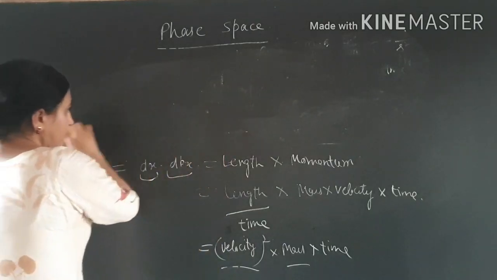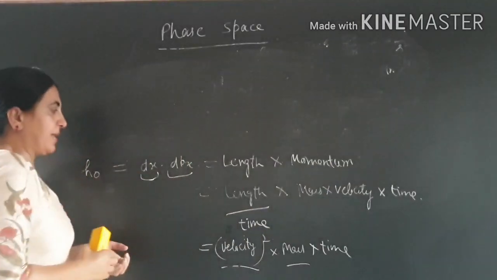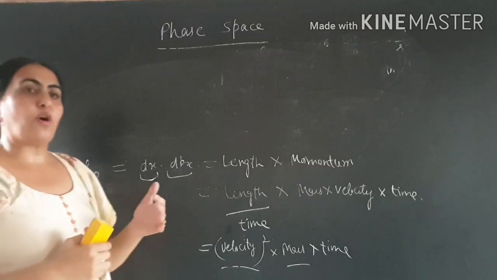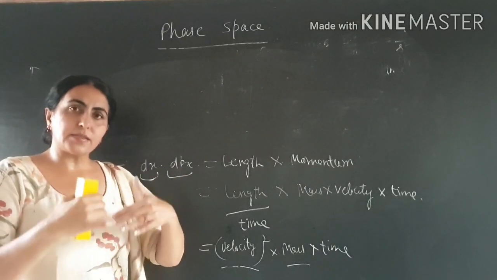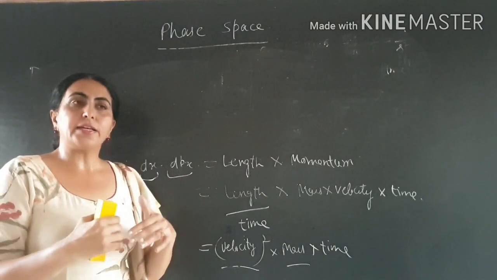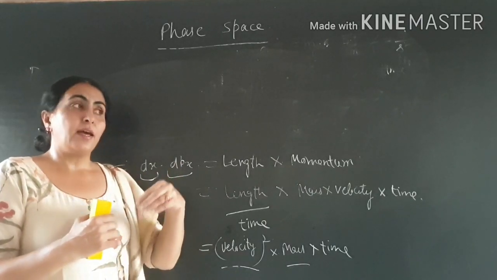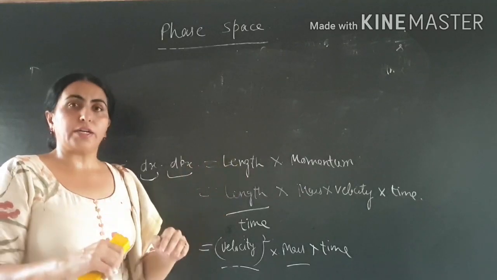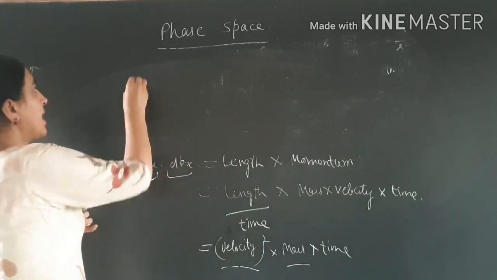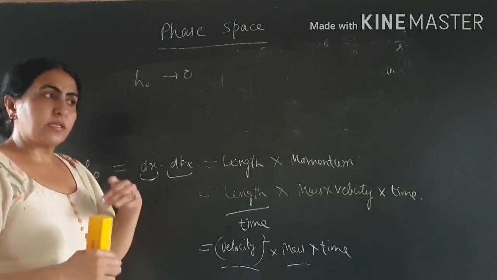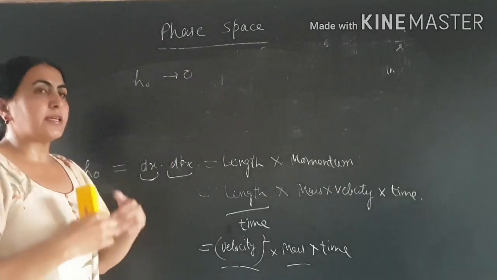Now in classical mechanics, the value of h naught is in our hands. We can make it as small as we want. Sometimes we can take h naught approaching 0 in some conditions.